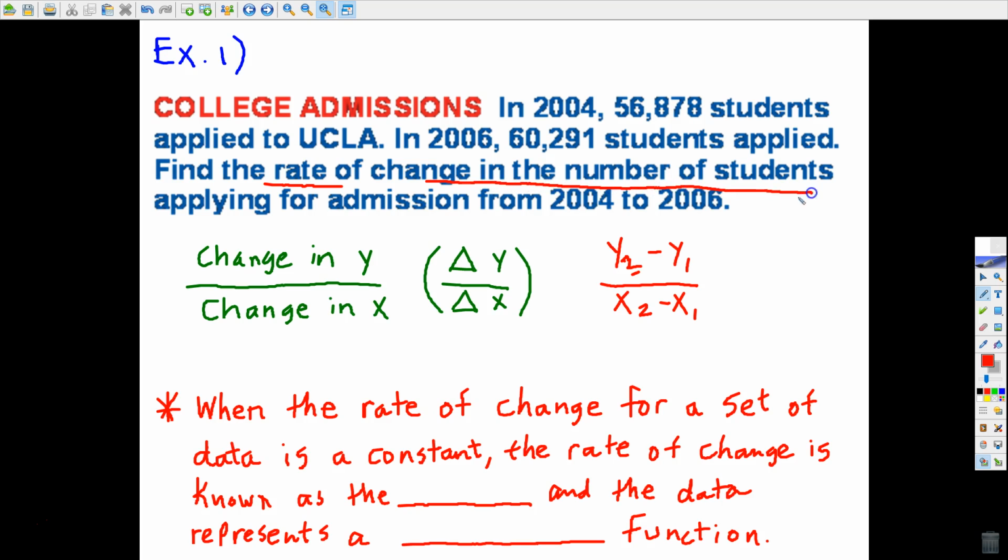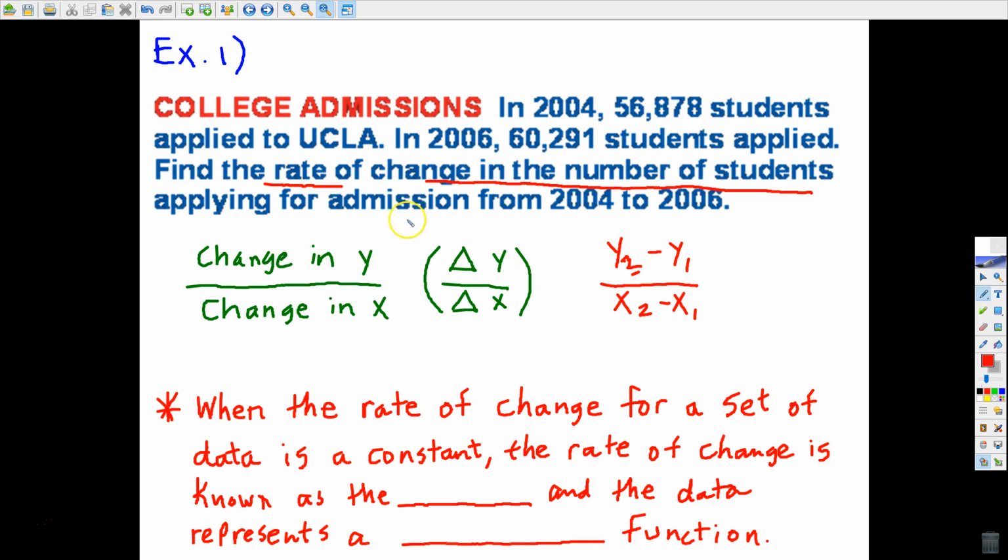And if you notice, this last sentence indicates that we're supposed to find the rate of change in the number of students from a given year time frame, 2004 to 2006. So we're given a year time frame. What's unknown that we're supposed to find is the rate of change in the number of students.